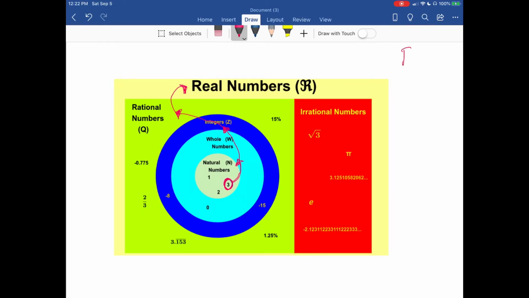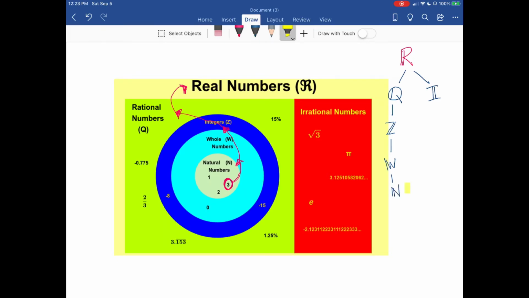So it looks like this. If this is our real number set, then reals either branch out to rational and irrational. Irrationals are the loners. They've got no friends, right? But here, for our rational numbers, I know that those contain subsets of integers, wholes, and naturals.